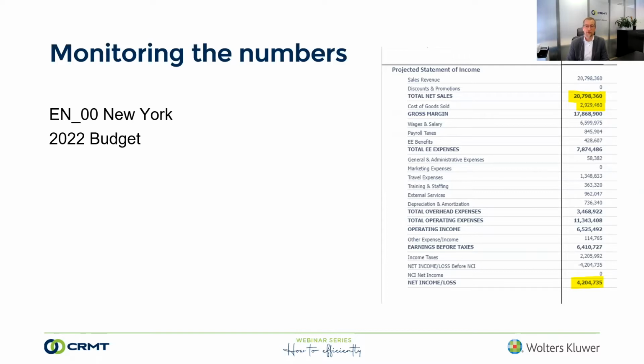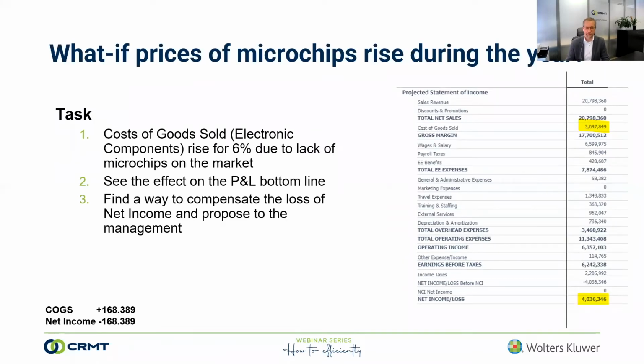Then the cost of goods sold, or COGS, at $2.9 million. And of course, the bottom line, or the net income, which is about $4.2 million. These are the base numbers that we will be focusing on today.